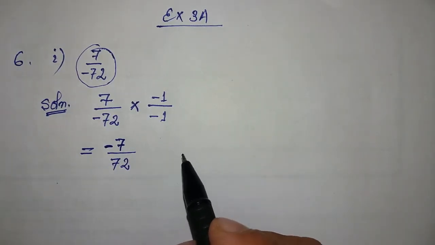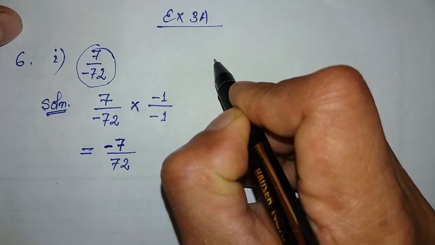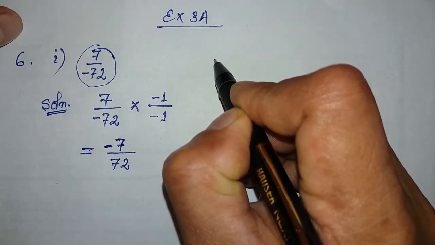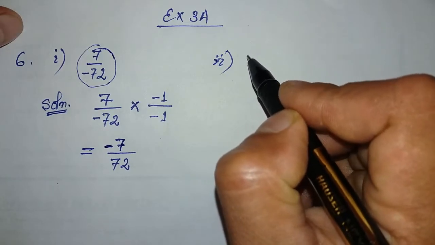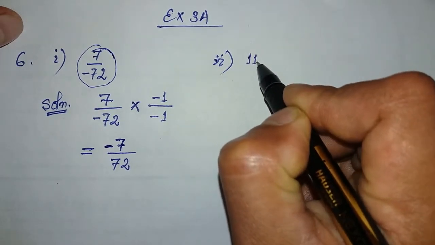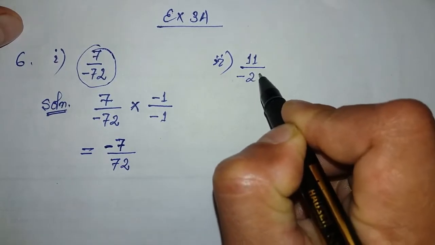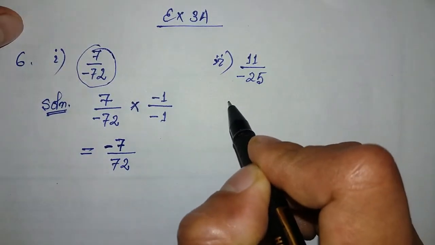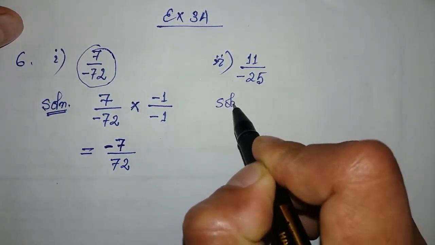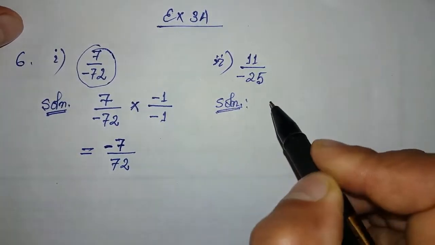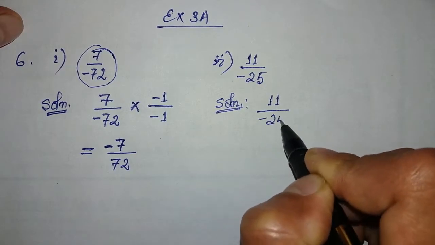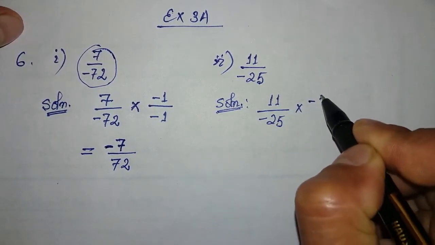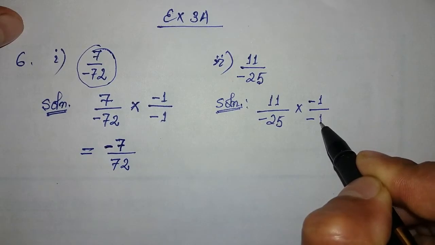Now let's take one more question. Let's see number 2: 11 by minus 25. Now the same step we're going to follow here. 11 by minus 25 into minus 1 by minus 1.